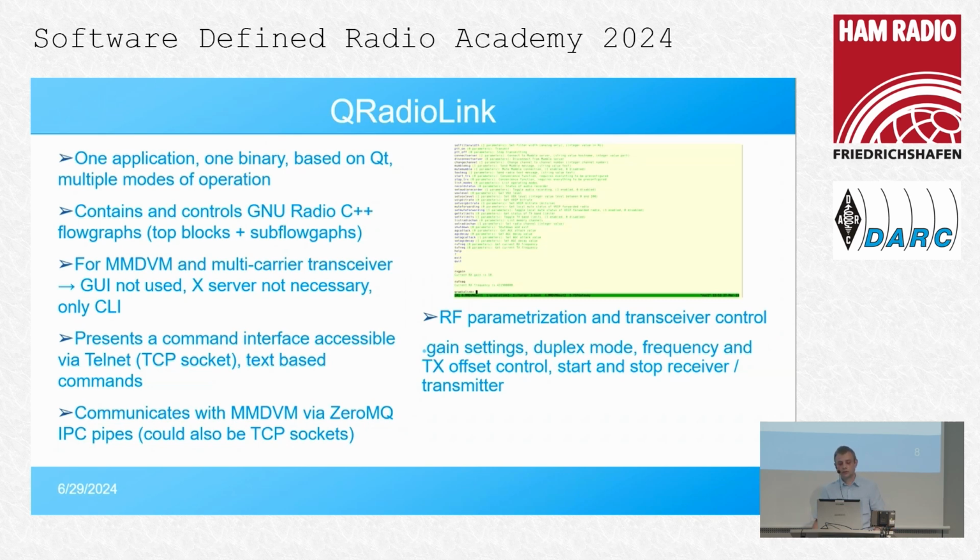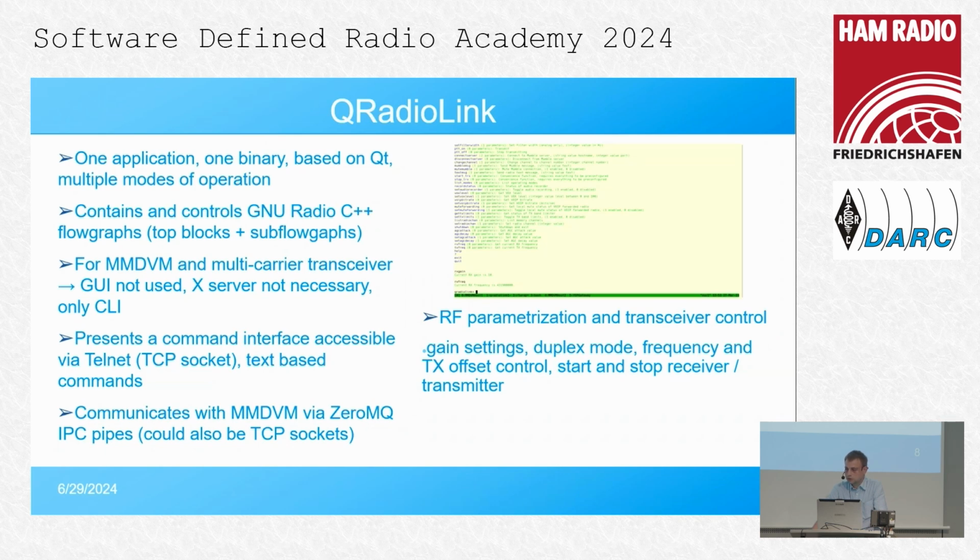And of course, it communicates with the MMDVM, like I said before, via 0MQ packets. In this particular mode, MMDVM and multi-carrier modes, the graphical user interface is not used, so there is no X server necessary to run on Linux, because only a CLI interface is needed.